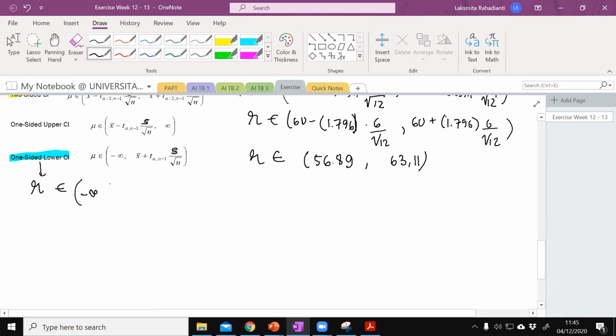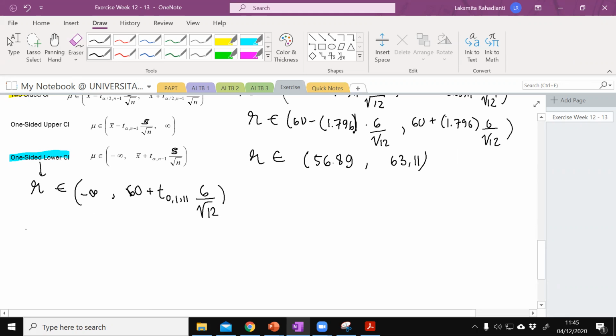And here we know that I would like to compute the other side, which is 60. Let's just plug it in, plus t alpha. So now it's not alpha divided by 2, it's alpha. So it's 0.1 and 11 is our n minus 1. And this part is 6, still the same, 6 over the square root of 12.